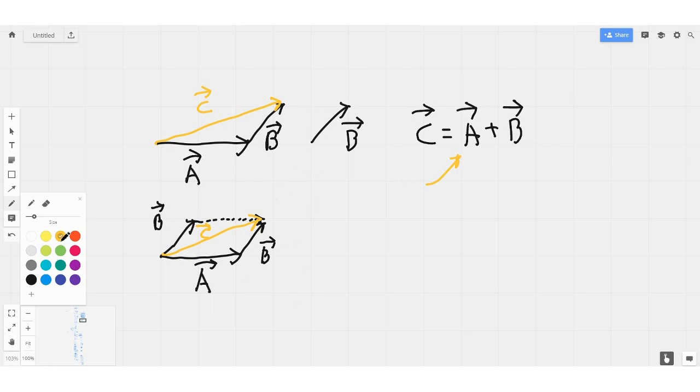But this method, the parallelogram method, is more useful if you want to subtract vectors.